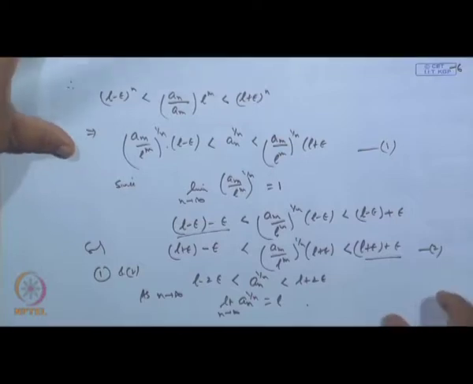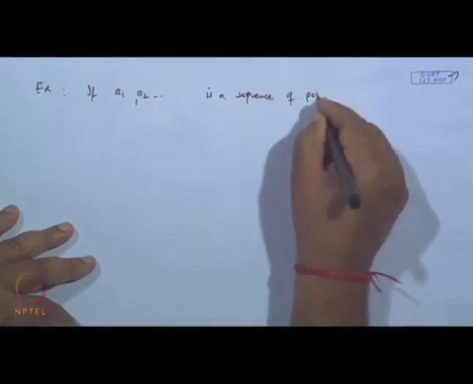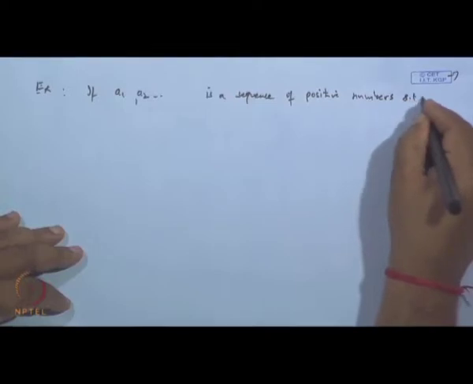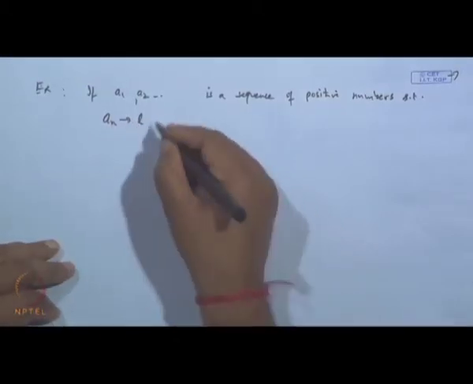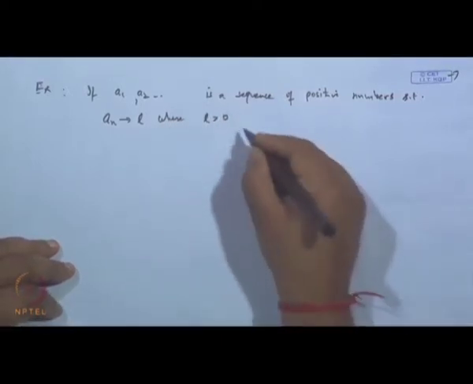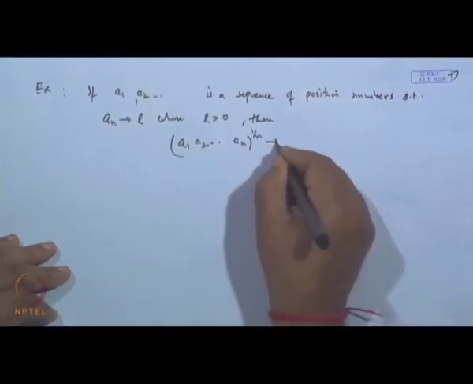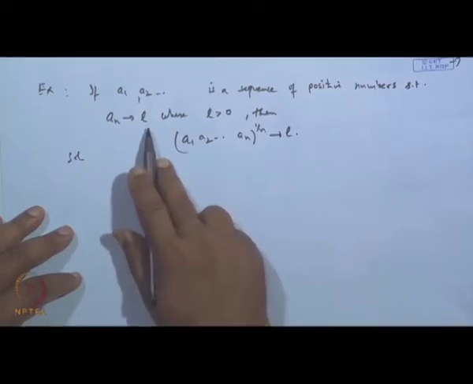Now, as a corollary to these results, as an exercise we can say: if a1, a2, etc. is a sequence of positive numbers such that a n goes to L, where L is greater than 0, then (a1 a2 ... a n) raised to the power 1 by n goes to L. Let us see the solution. a1, a2 is a sequence of positive numbers such that the limit of a n is L, where L is positive.